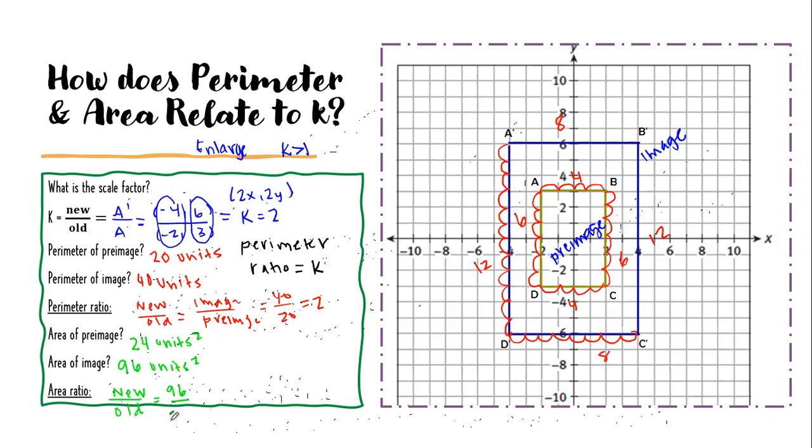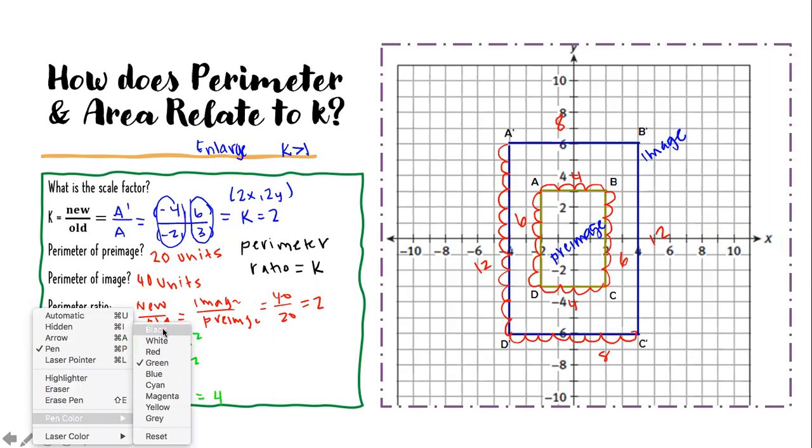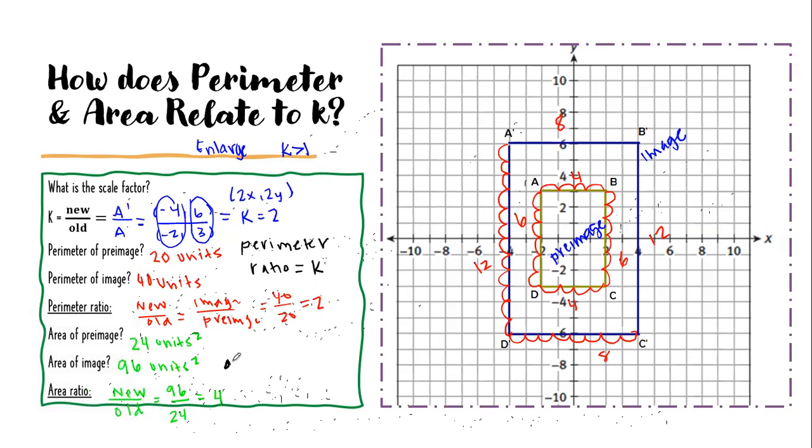So 96 over 24. Sorry, what's 96 over 24? 4. And how does that relate to the scale factor? 2 times 2. 2 times 2 is 4. So this matches with what we discovered earlier. The area ratio is the scale factor squared.